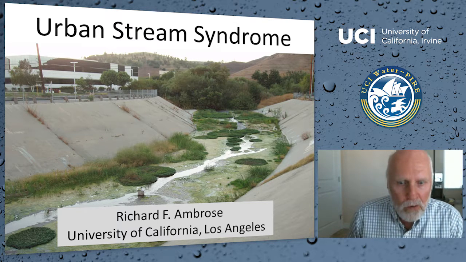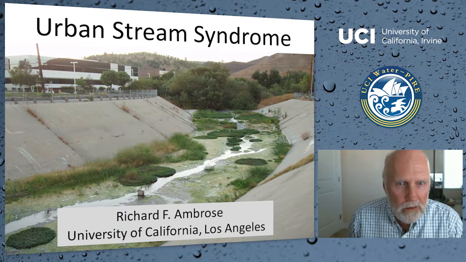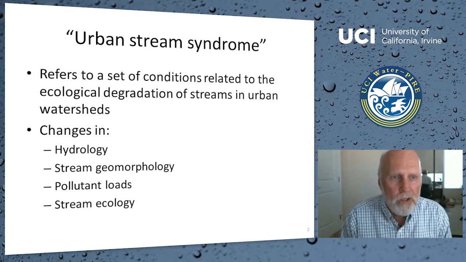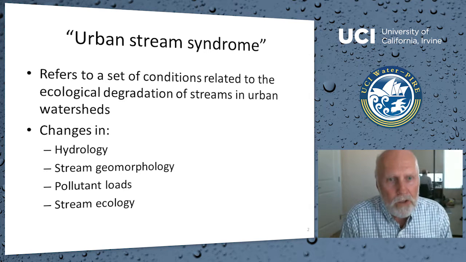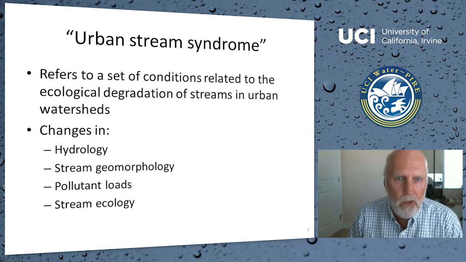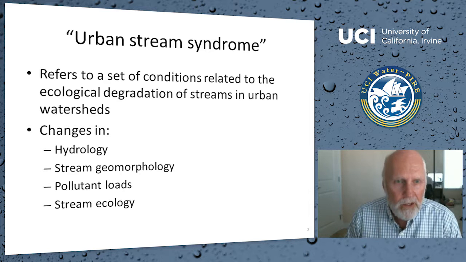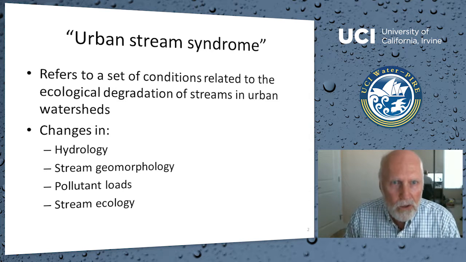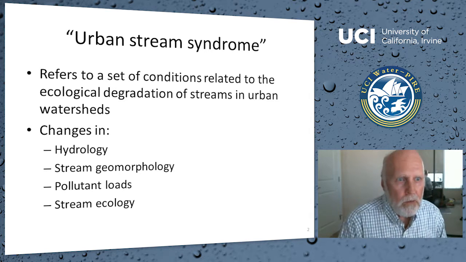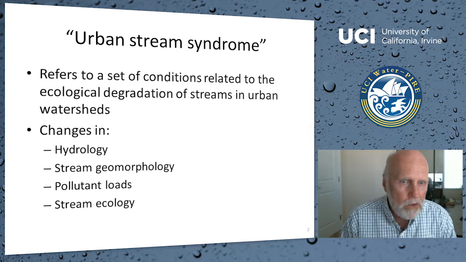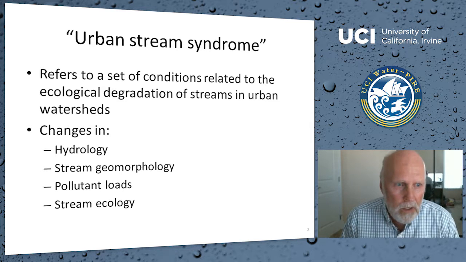If we go past the cover slide to slide 2, when we talk about urban stream syndrome, Tim also mentioned Chris Walsh is one of the earlier researchers who identified this about 10 years ago. People started recognizing this, and it refers to a set of conditions related to the ecological degradation of streams in urban watersheds.